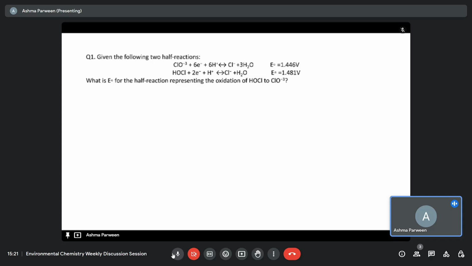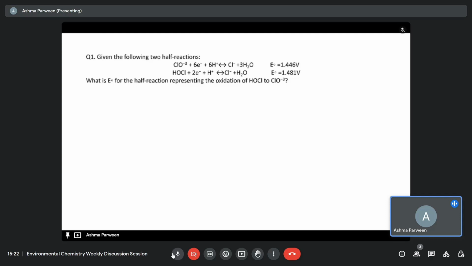We have to find out the E naught for the half reaction representing oxidation of HOCl to ClO3 minus. Oxidation of HOCl to ClO3 minus means that ClO3 minus is getting reduced to HOCl.